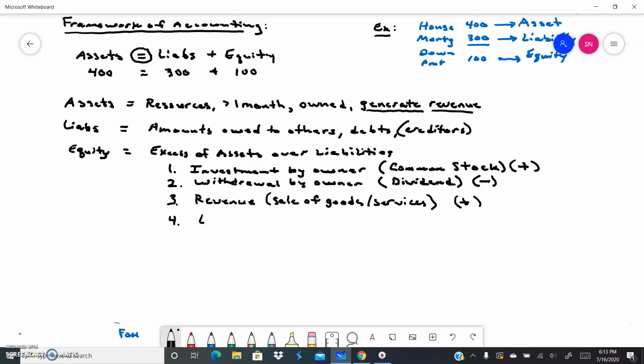And the final thing is expenses. Expenses are costs necessary to generate revenue. And remember, they have less than 1 month life to them.